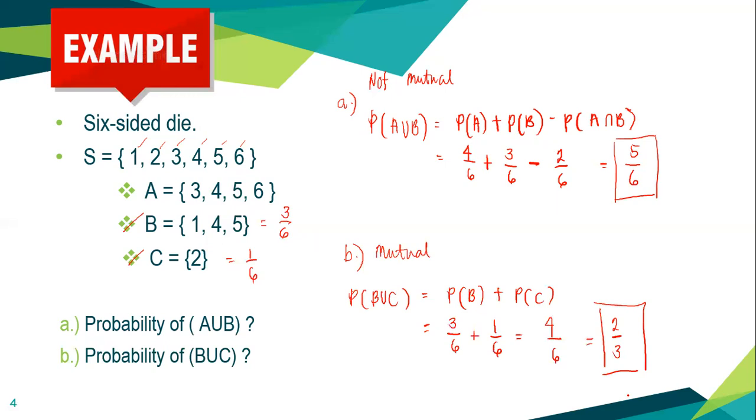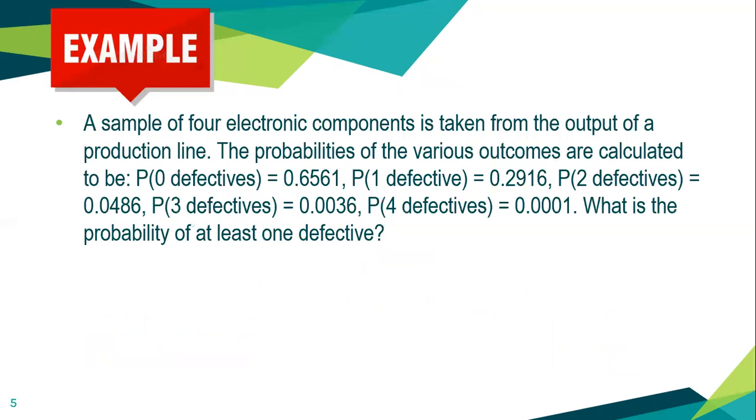So kung hindi pa malinaw, let's have another example. So meron pang another example. Let's have here this problem. So sabi dito sa problem, a sample of 4 electronic components is taken from the output of a production line. The probabilities of the various outcomes are calculated to be probability na 0 ang defective is 0.6561.